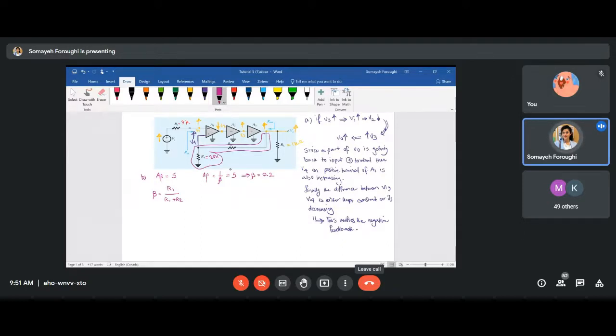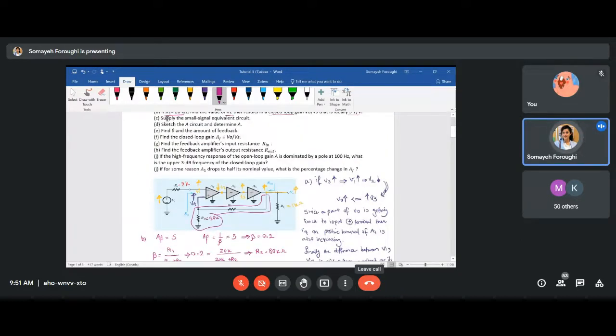So this should be equal to 0.2, while R1 is given by 20k ohm and R2 is missing. If you do some simple simplifying, R2 will become 80 kilo ohm. So this is our second step. Feedback gain was given, we found beta, and out of beta we found one of the missing resistances on our feedback loop.